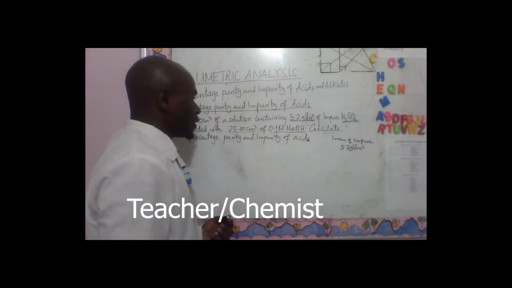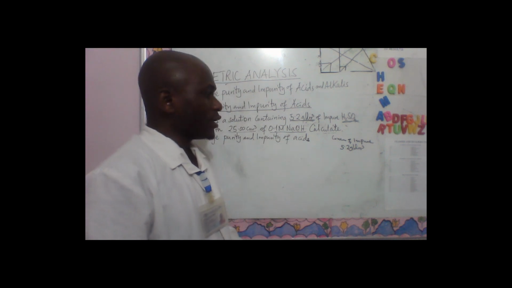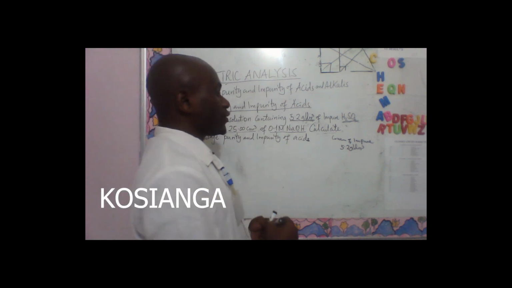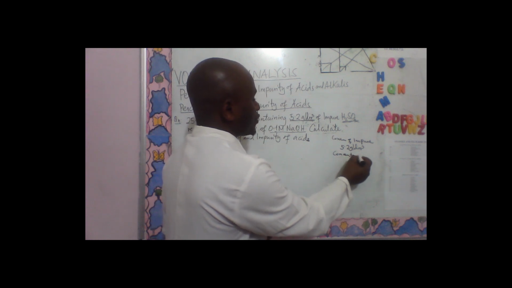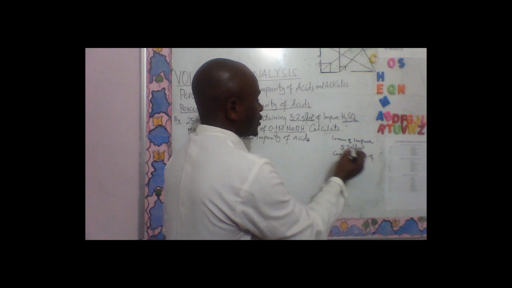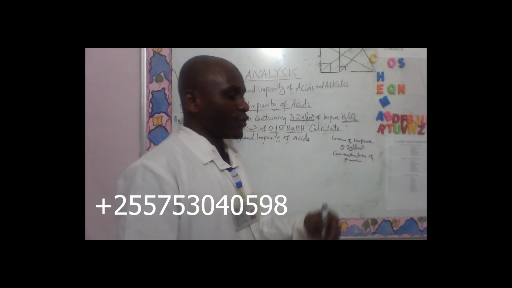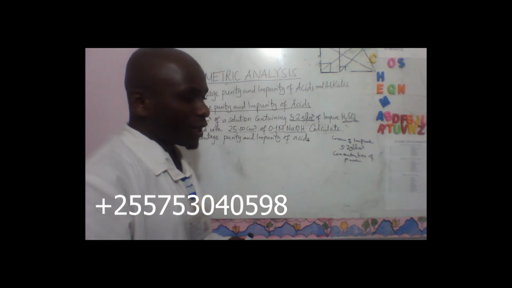But what we are required to find is the concentration of pure acid, which we don't have here. In order to get the concentration of pure, we are supposed to pass through the balanced chemical equation.